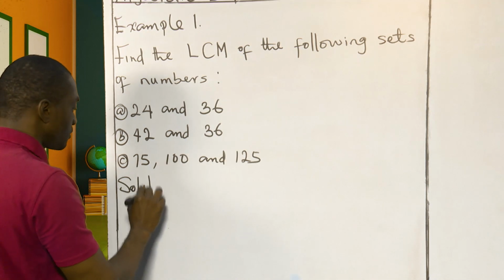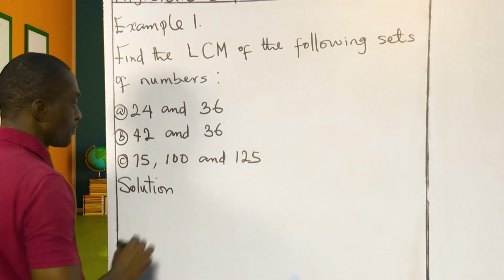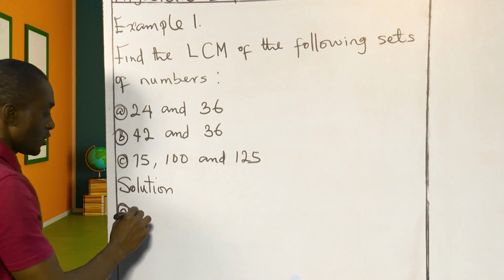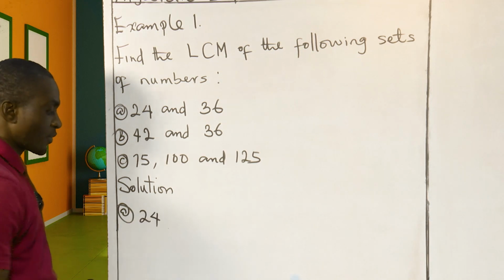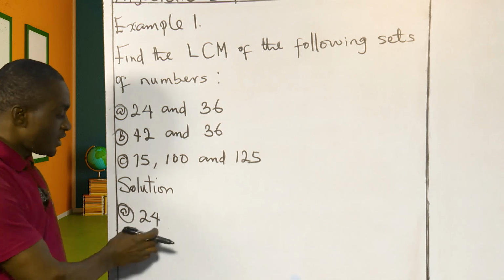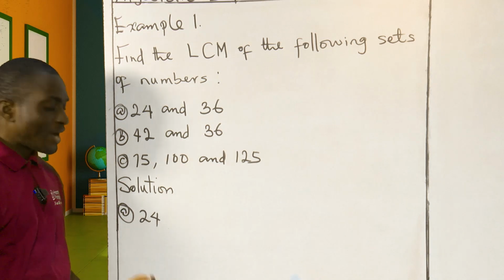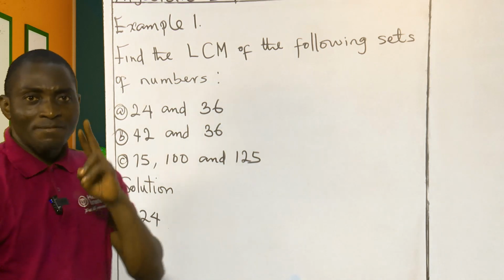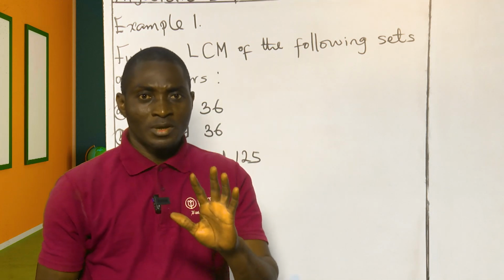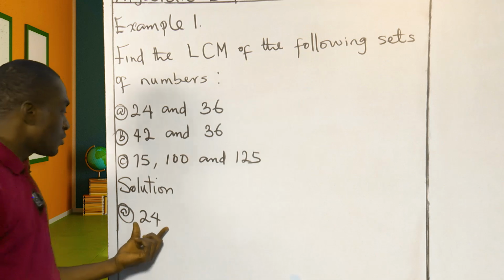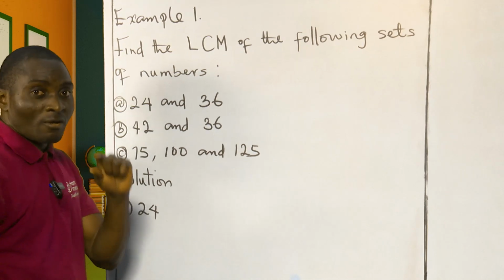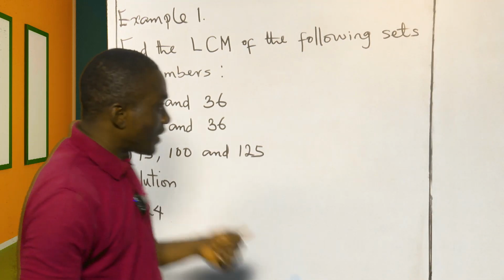Solution. A. 24. What you need to do is express this 24 as the product of prime factors. And how can you express 24 as its product of prime factors?